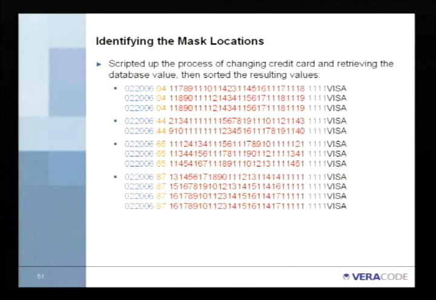Anytime those 2 characters were 04, there was a commonality in the structure of the way the data appears in the red section. Similarly for 44, 65, and any other digit between 00 and 99, we saw a pattern of, hey, look, most of the ones appear in the same place.